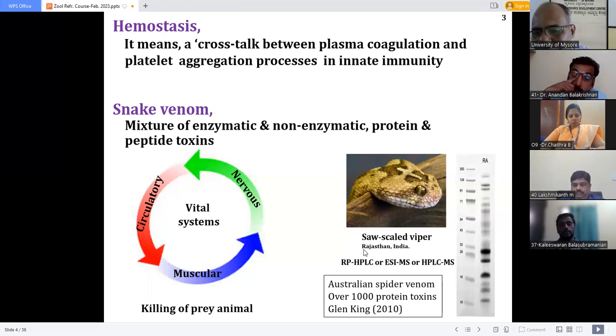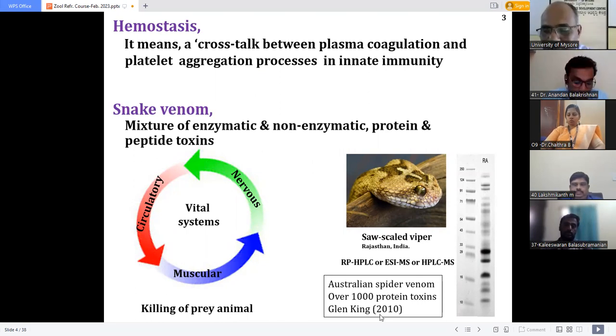But if you analyze this same venom in sophisticated high-end technologies like RP-HPLC or ESIMS or HPLC-MS techniques, you can see over 100 different peaks, suggesting that snake venom is really a complex mixture of enzymatic and non-enzymatic protein and peptide toxins.